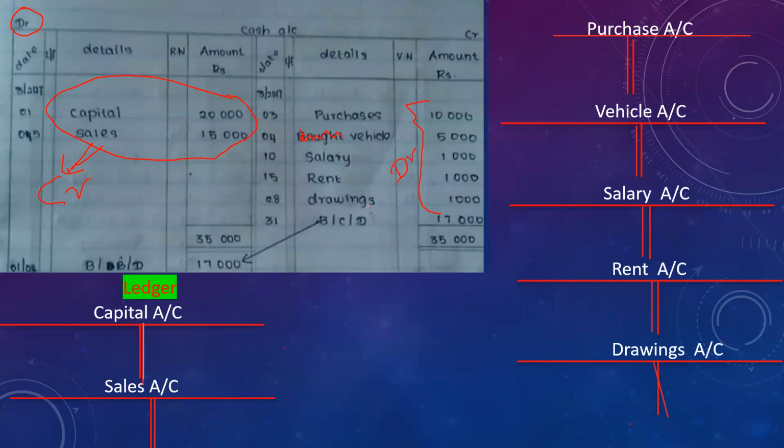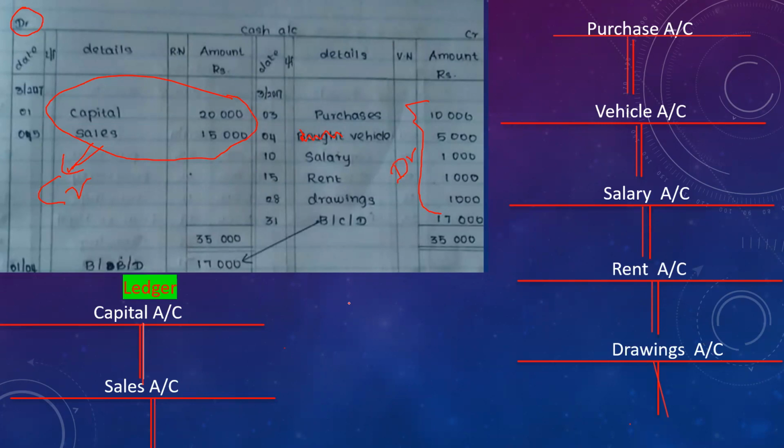So double entry means every transaction is recorded in debit and credit. When you have already debited some entries to the cash account, now we can credit those entries.